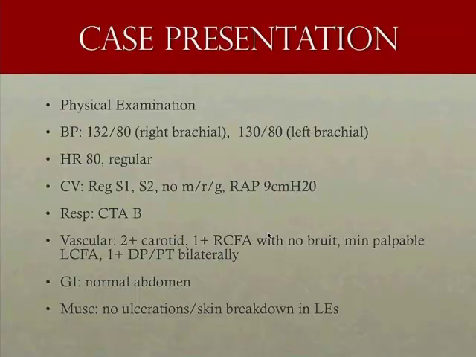Her pedal pulses were both present, but markedly diminished bilaterally. Her abdomen was normal, and her musculoskeletal exam revealed no ulcerations or skin breakdown in her lower extremities, including her feet.